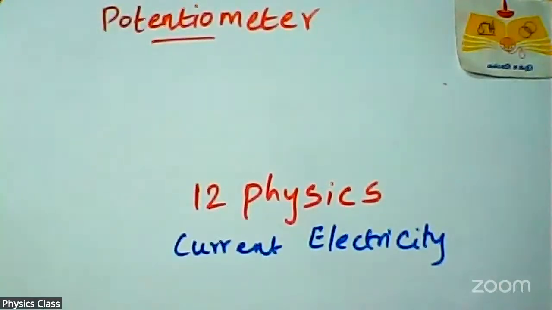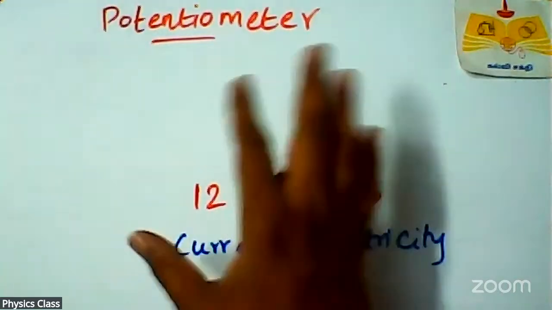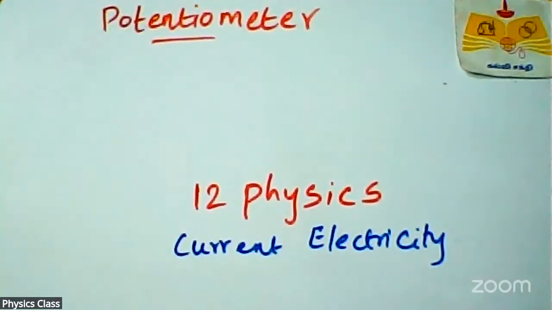Good morning students. Namaskaram. Today we are going to discuss one topic from current electricity. Class 12th physics, chapter name current electricity, and topic name potentiometer. In this potentiometer, we will see two types of cases.